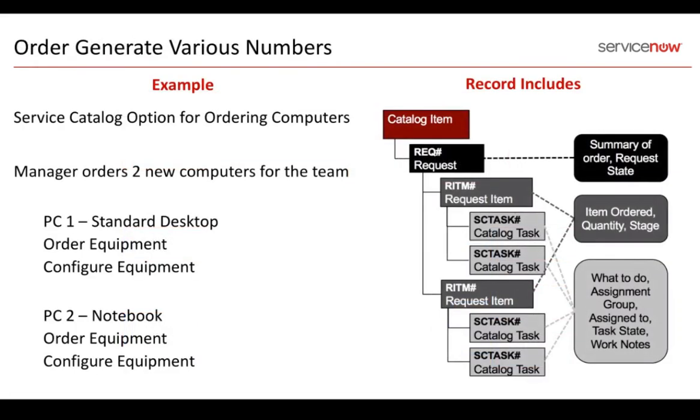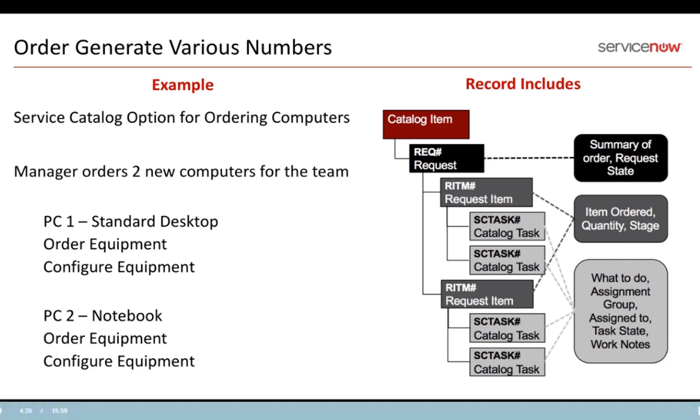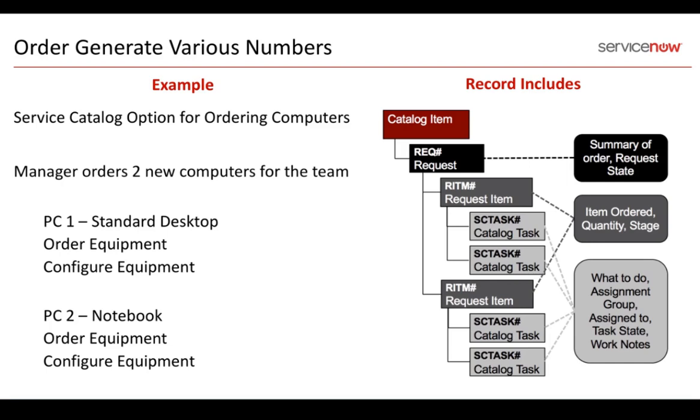That's what we're looking at here, where we have the example of a standard desktop and a notebook. Those are the 2 items, and those items have different catalog tasks. SC for service catalog, SC task. Oh, that's right. You said service catalog extends from the task table. That's right. And you like the naming convention. I do. So here we see 1 request, 2 requested items, and in our example, they only have 2 tasks apiece, 2 catalog tasks.